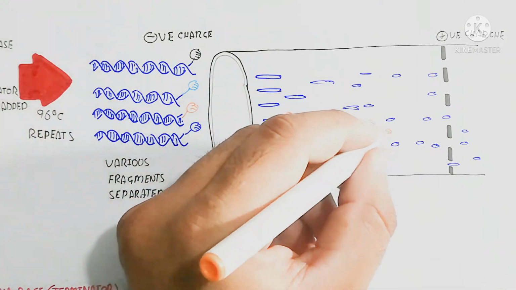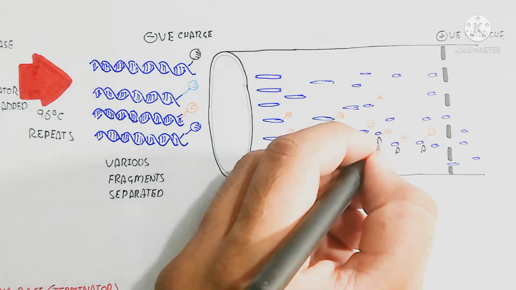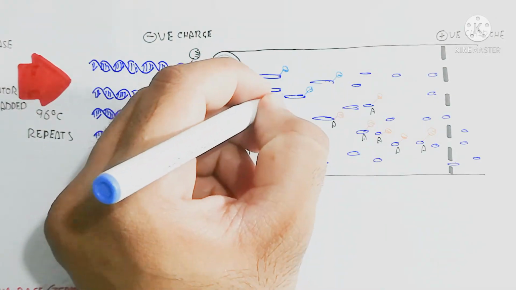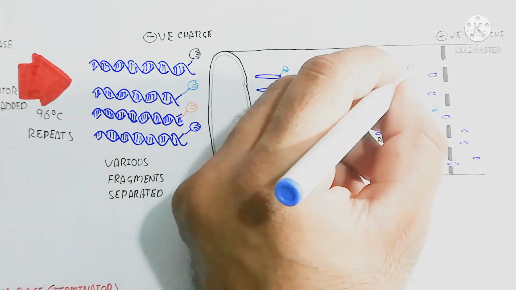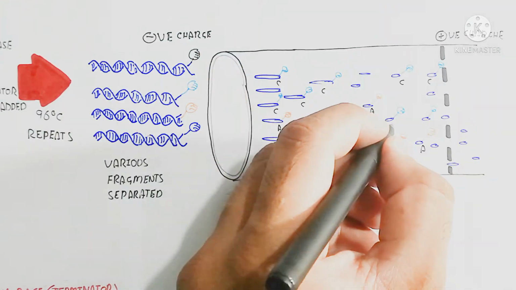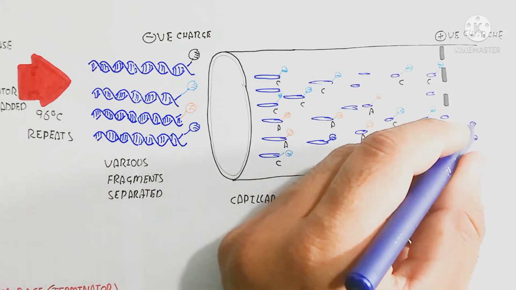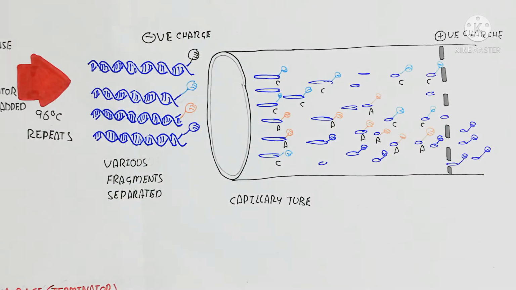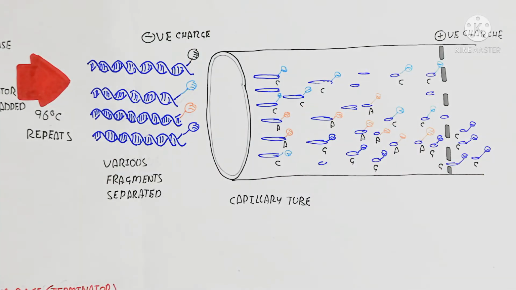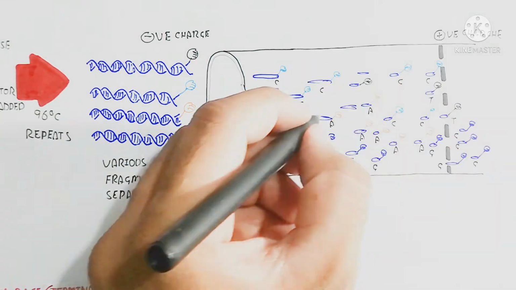The negative charge is present in the DNA, while the positive charge is present at the end of the capillary, and we give electricity to the electrophoresis capillary tube. A laser is fixed where the segments move. The lighter segment will move first while the larger segment will move later. When one segment moves, it shows the color.